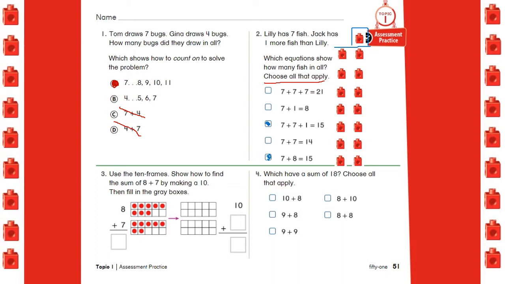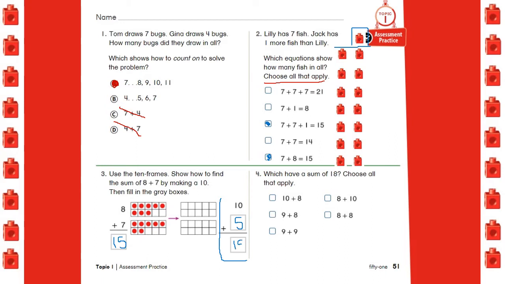So if you want to make a 10 frame on scratch paper, that's fine. I will ask you to answer what's in the boxes. 8 plus 7 equals 15. And then if you do the 10 frame, it should be pretty easy to answer this one over here. 10 plus 5 equals 15.